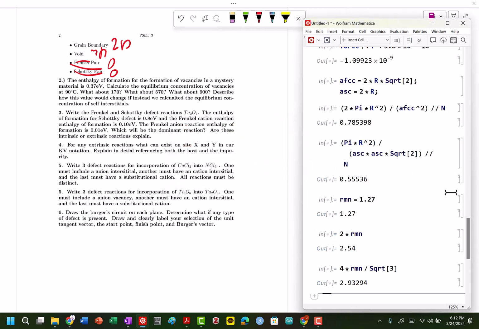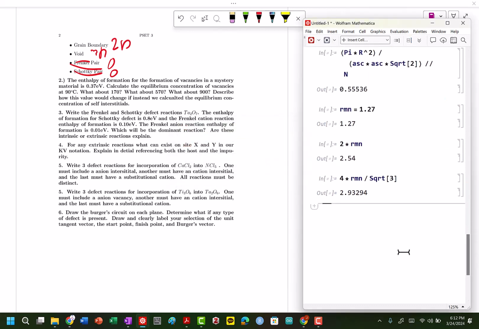So the enthalpy of formation for a mystery material, delta HF, is equal to 0.37.